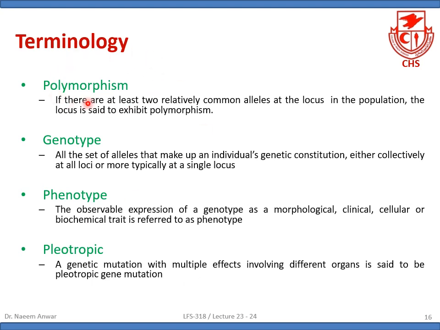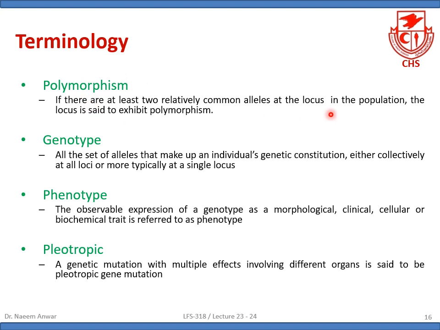Polymorphism, from the name, poly means many. Morphism is from morphology, so it means many shapes of the chromosomes, or many alleles or forms of these alleles for the same or the original one.